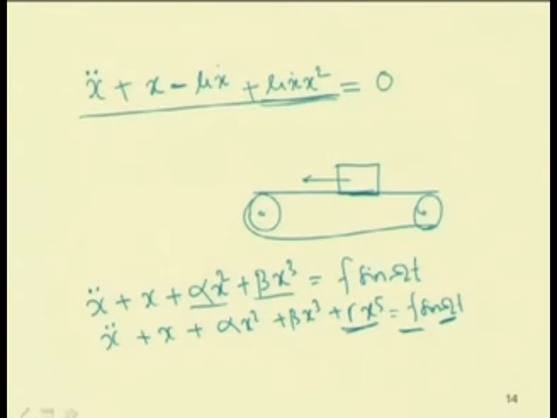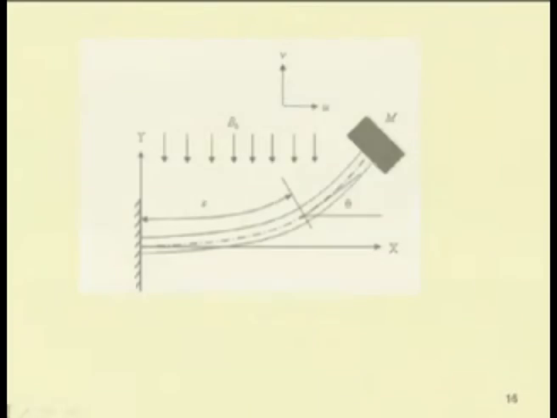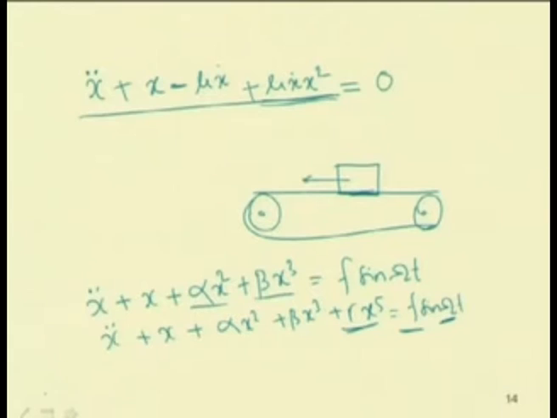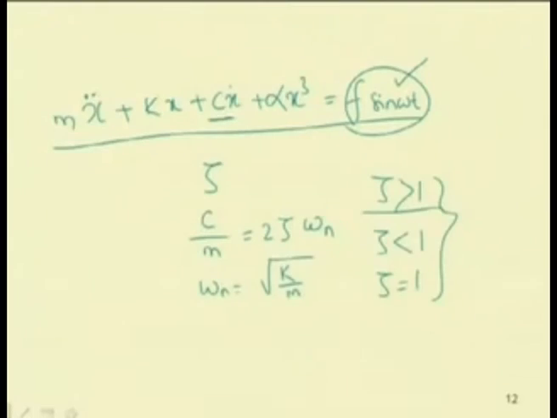For example, let me take a term in this way: x double dot plus x plus 10 x cube equal to 0.